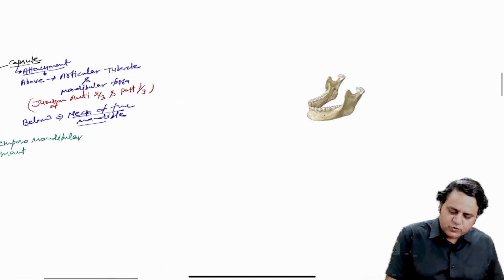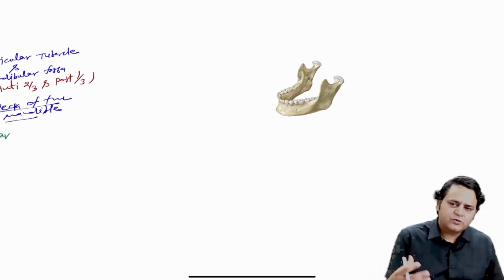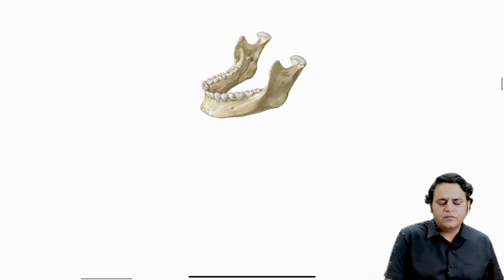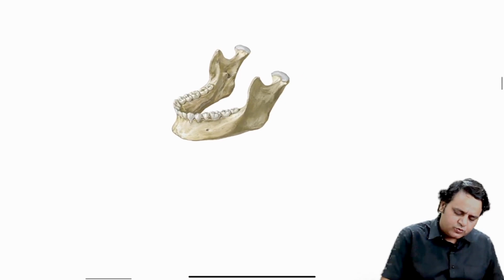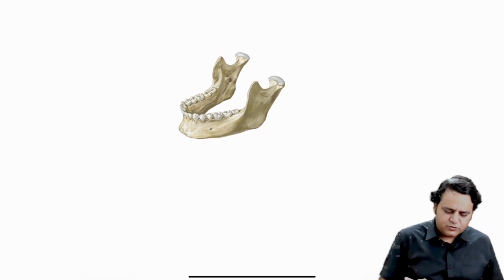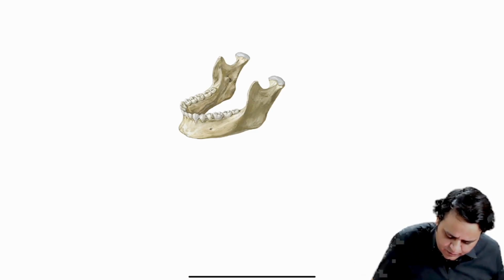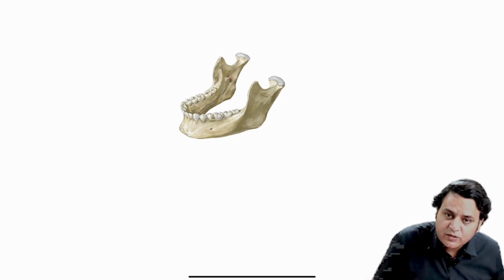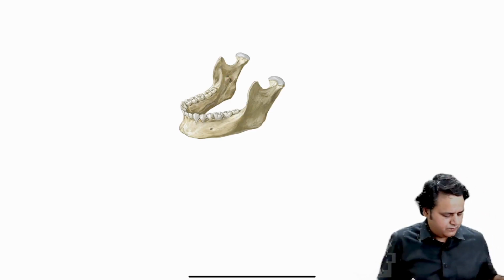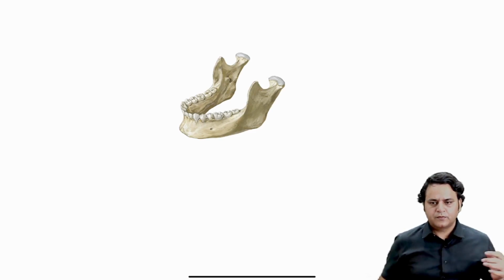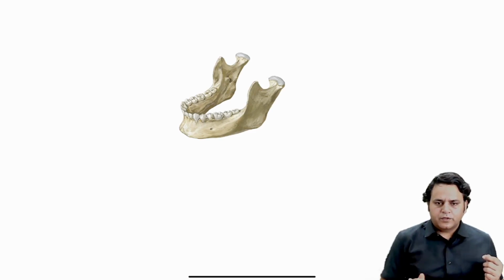Two more ligaments that I have told you about are the accessory ligaments. To understand them very clearly, first you understand two landmarks in the mandible. One is the mandibular foramen, and above the mandibular foramen there is another landmark.